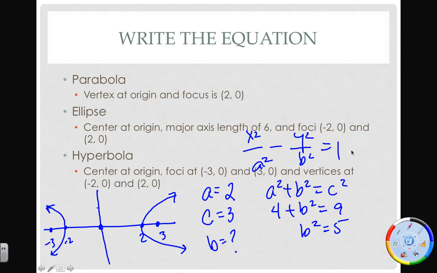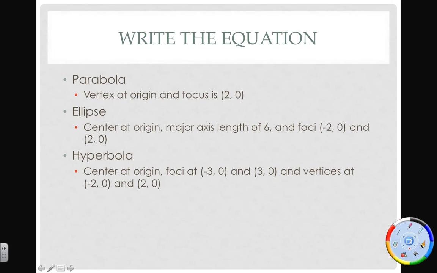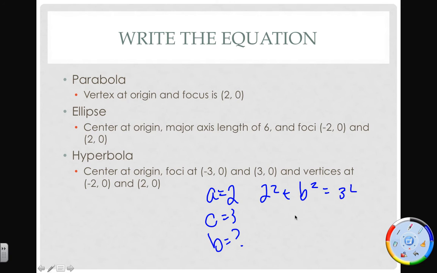So if I was to write my equation, let's get rid of this thing here. I know A was 2. C was 3. B was something. 2 squared plus B squared equals 3 squared. B squared is 5.